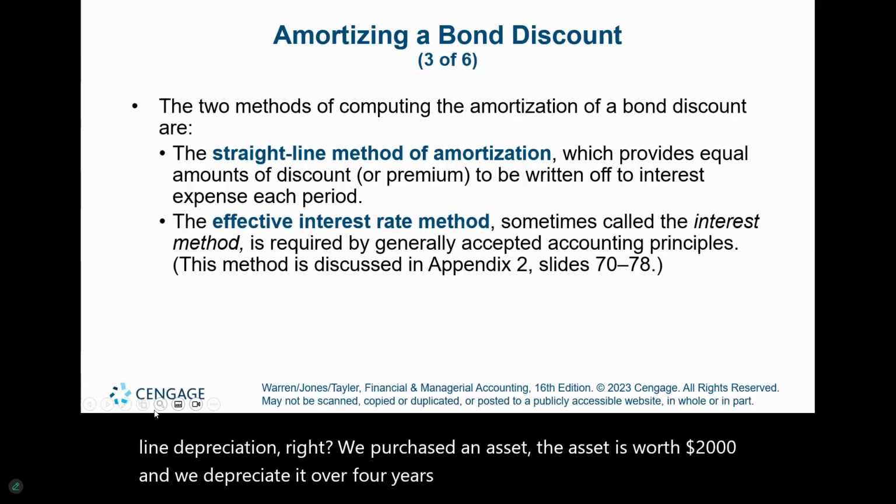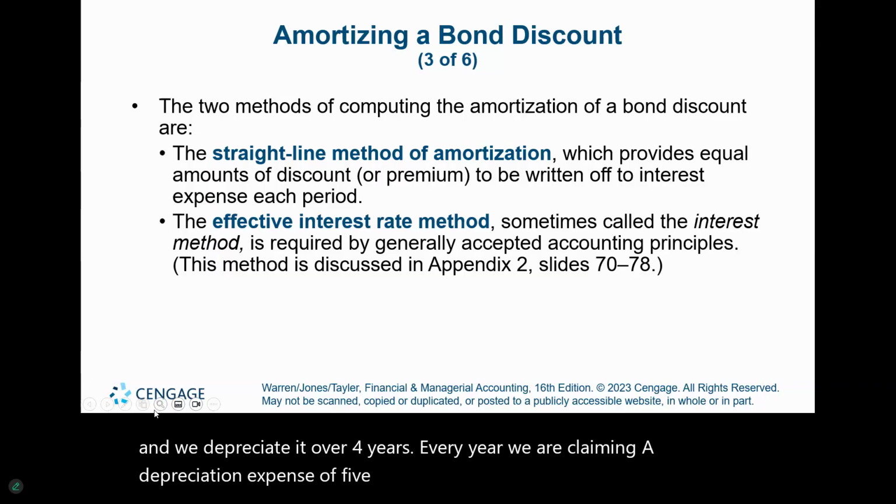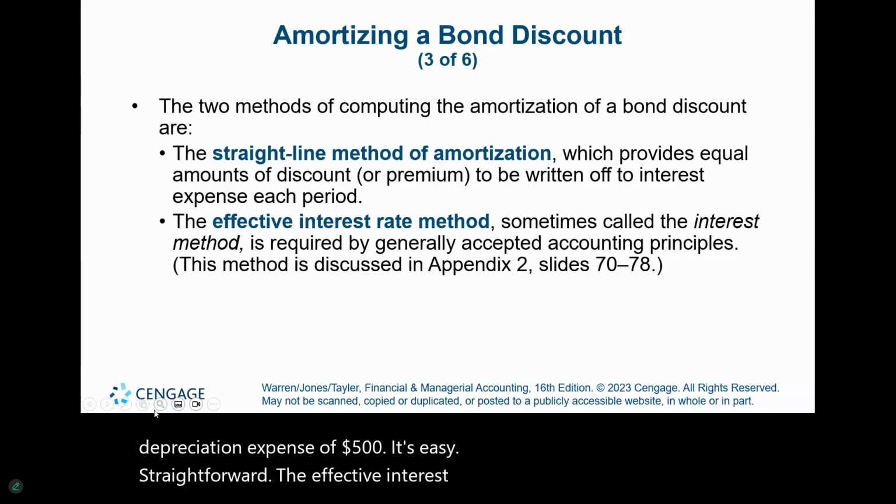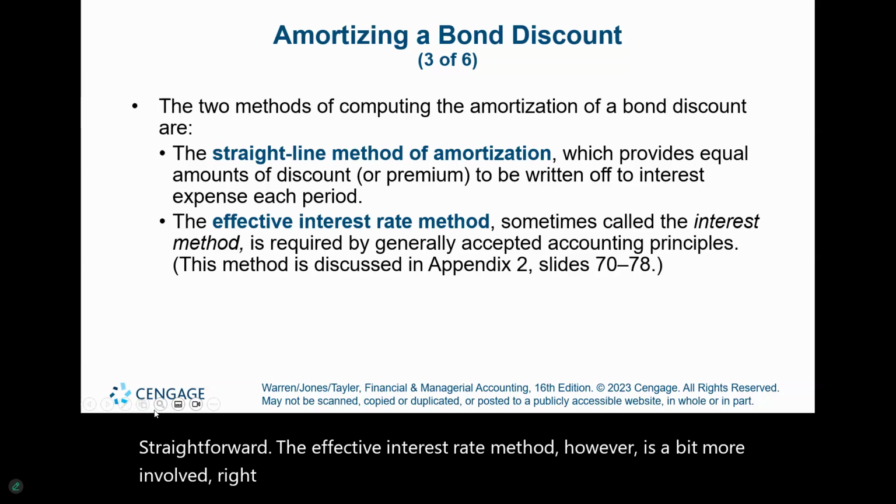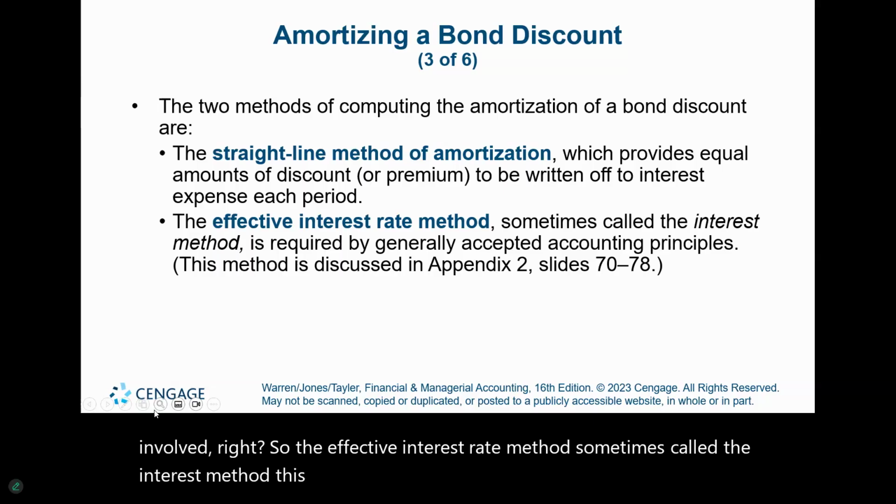Every year, we are claiming a depreciation expense of $500. It's easy, straightforward. The effective interest rate method, however, is a bit more involved, right? The effective interest rate method, sometimes called the interest method, is required by generally accepted accounting principles, GAAP.